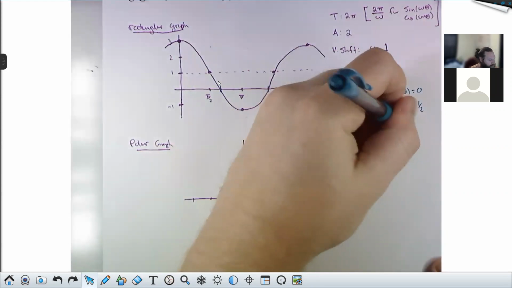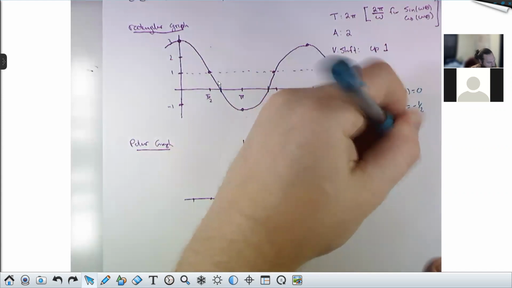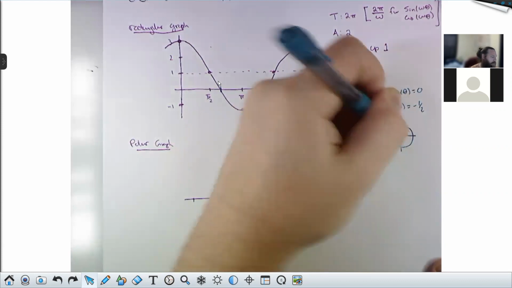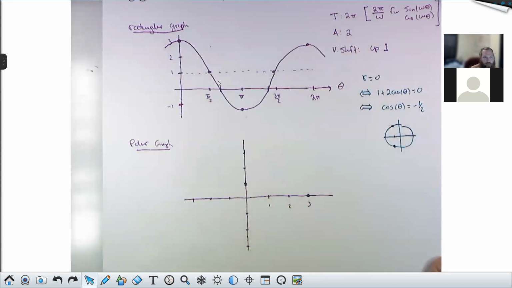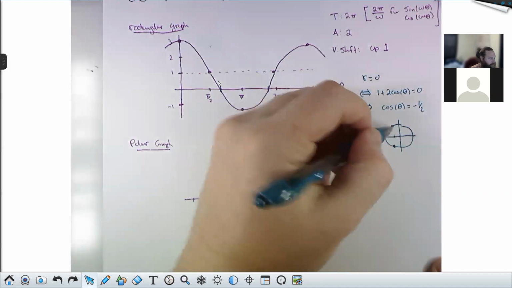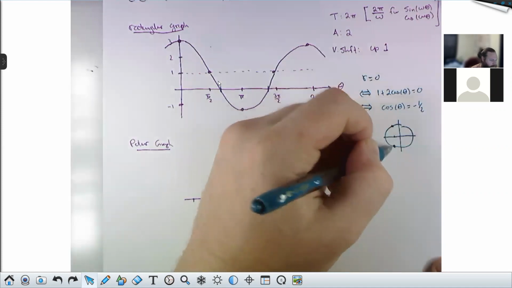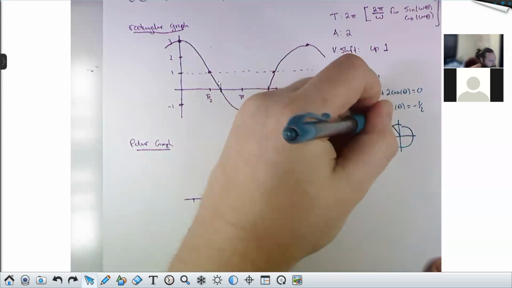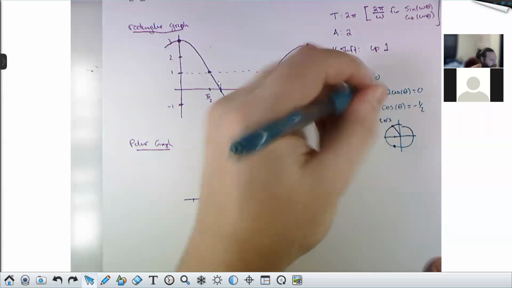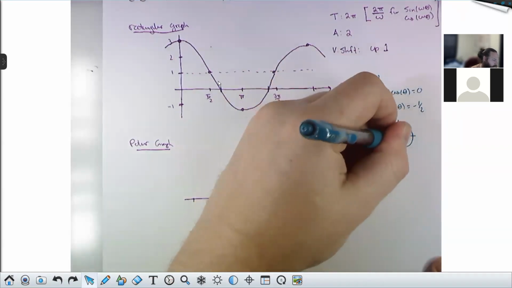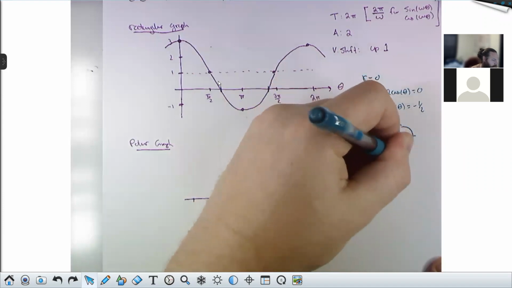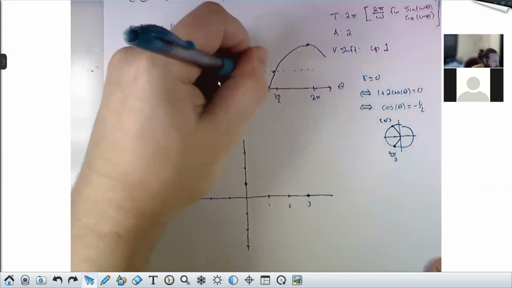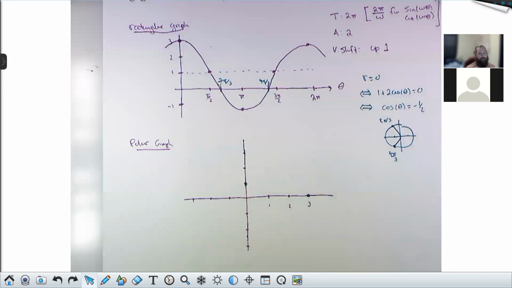And you can think about your unit circle. Where is cosine theta equal to -1/2? It's these points. So this is -1/2, √3/2 and -1/2, -√3/2. Those angles then are 2 pi over 3 and 4 pi over 3. So this is 2 pi over 3, and this is 4 pi over 3.